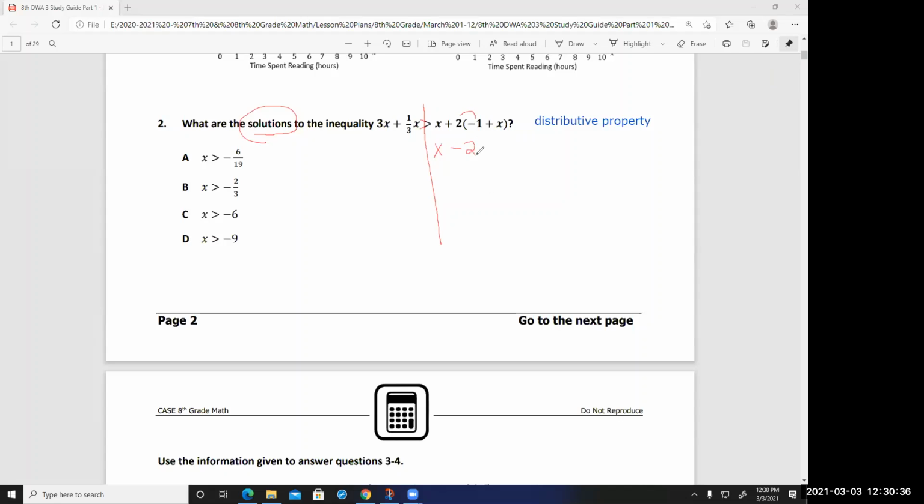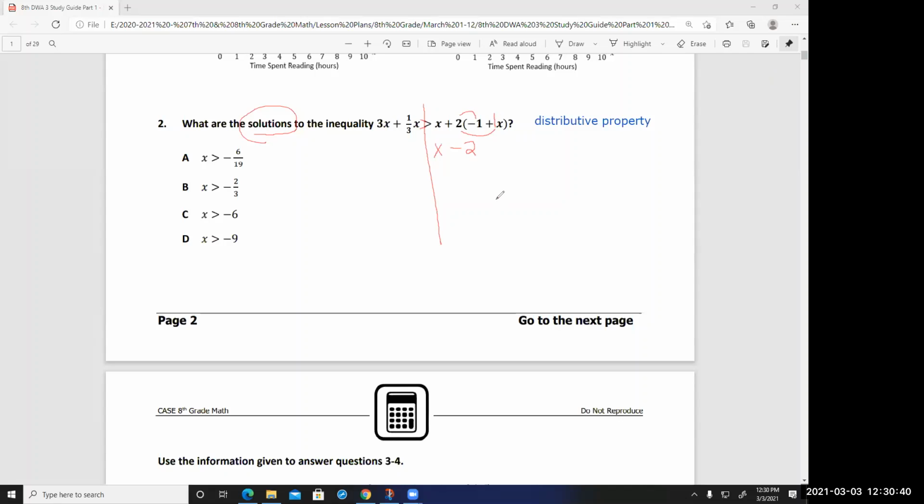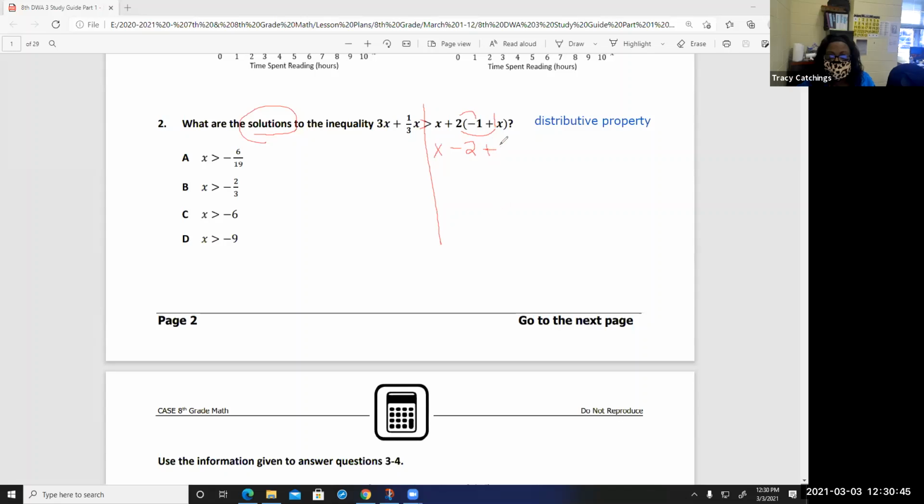All right, and then 2 times 1x. 2x. Good job. And then we're gonna bring the other side down, leave it alone. So now we have 3x plus 1/3 x.